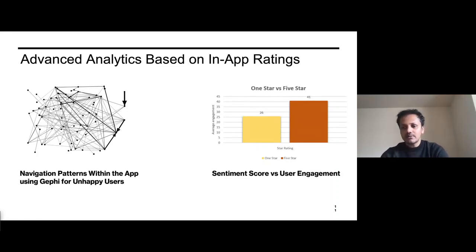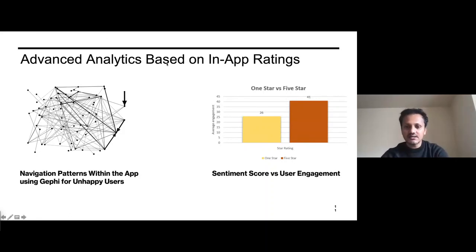But sometimes that might not be true. Someone who is not very engaged might still continue to pay, might still be happy with the application. So it's sometimes a false notion that a highly engaged user is a happy user. You can try to differentiate between those two aspects by again using in-app ratings.